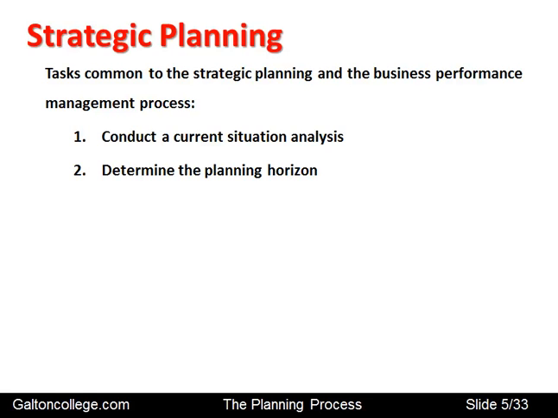Technology is changing so rapidly and there are so many factors to be taken into account as we move far into the future. So nonetheless, it's important to have strategic plans that have a certain planning horizon, that they stretch into some specific time in the future.